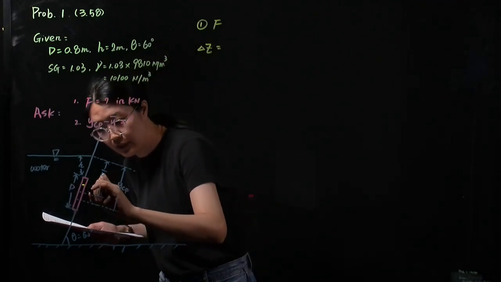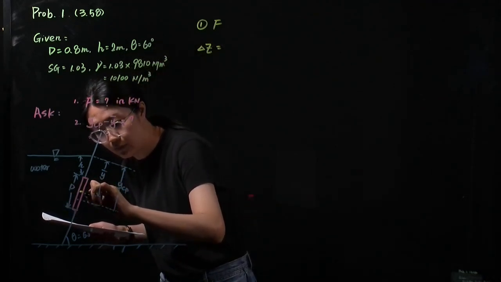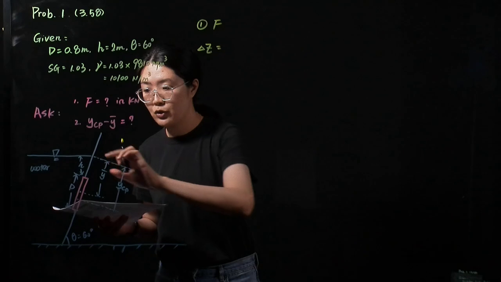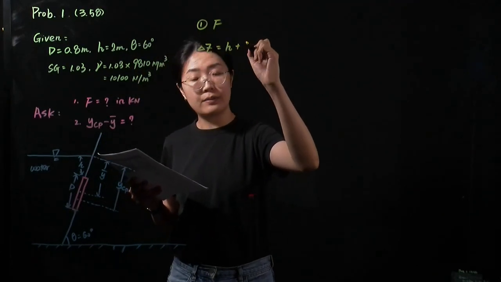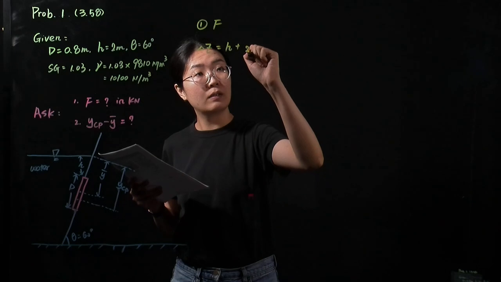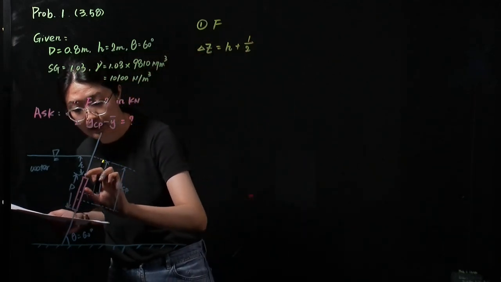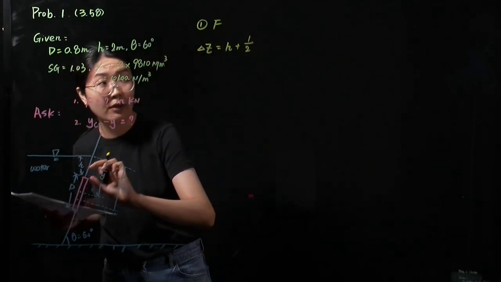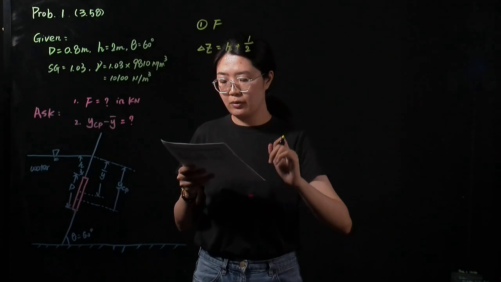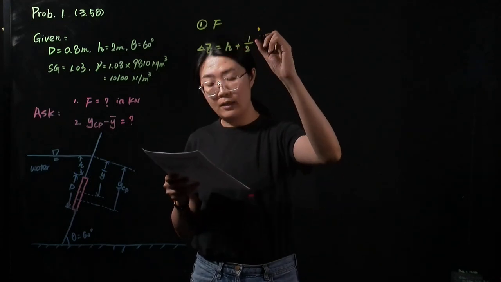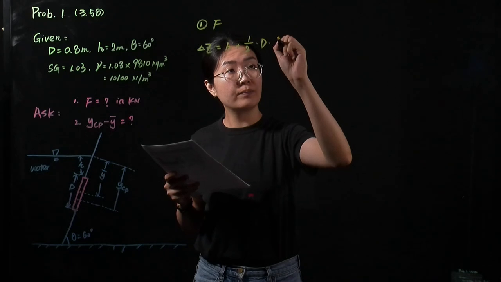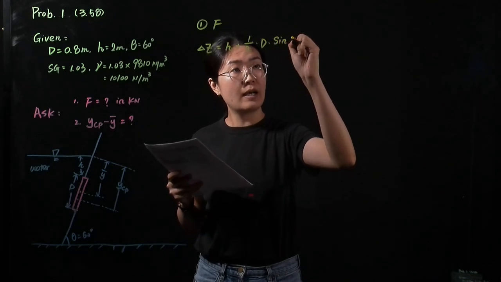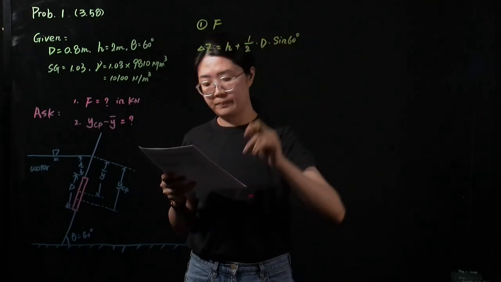So the centroid is here. Its depth should equal h plus, we need to calculate the distance of this part, right? So it equals 0.5 times the diameter of the window times sine 60 degrees.